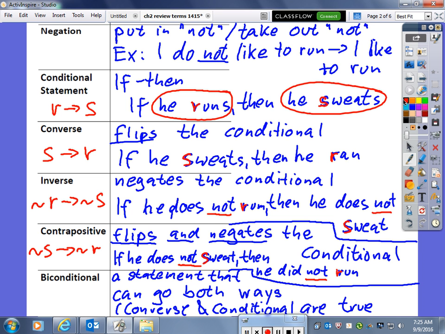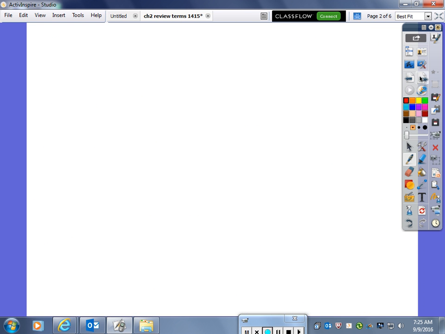In symbolic notation, and I'm going to use two different letters now, we would write T if and only if U. Remember that arrow that goes both directions stands for if and only if. An example of this would be a polygon is a triangle if and only if it has 3 sides.